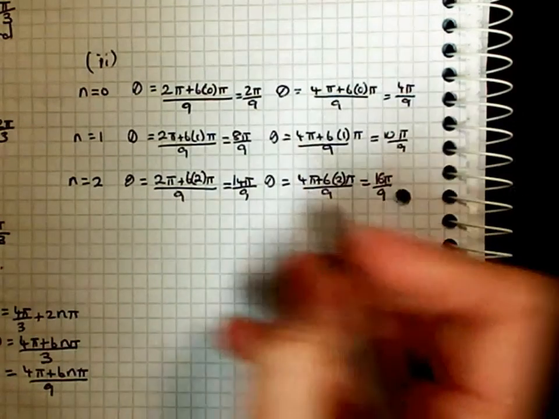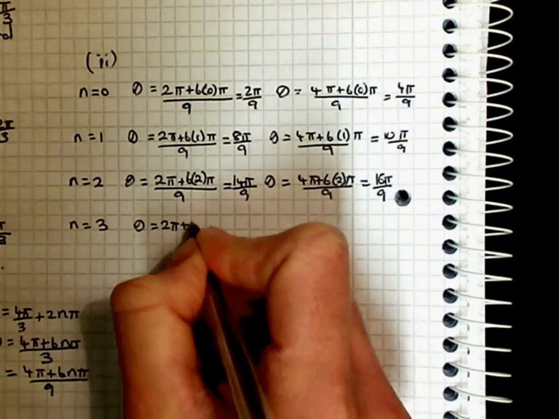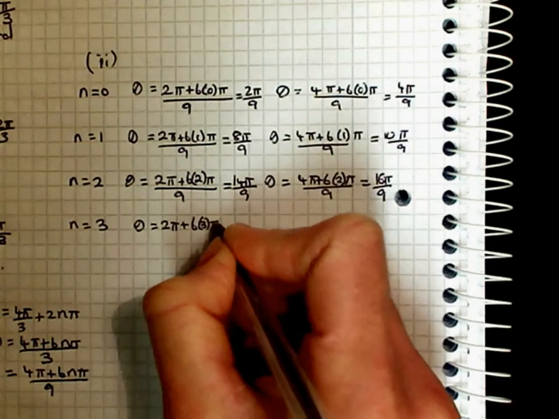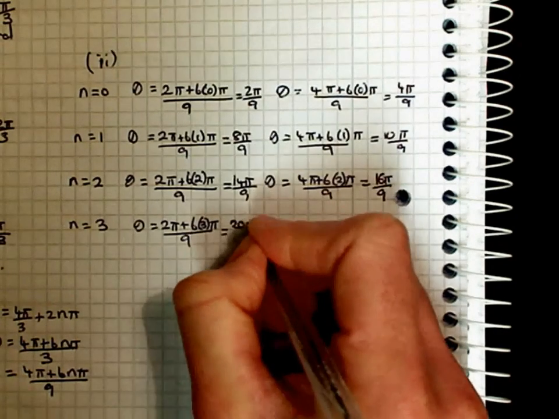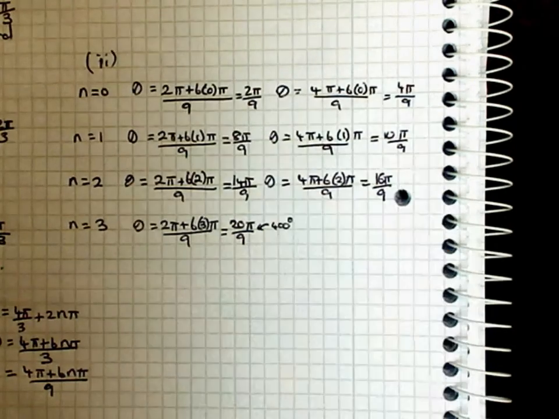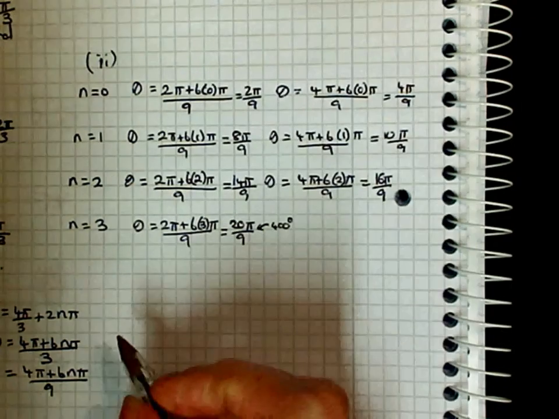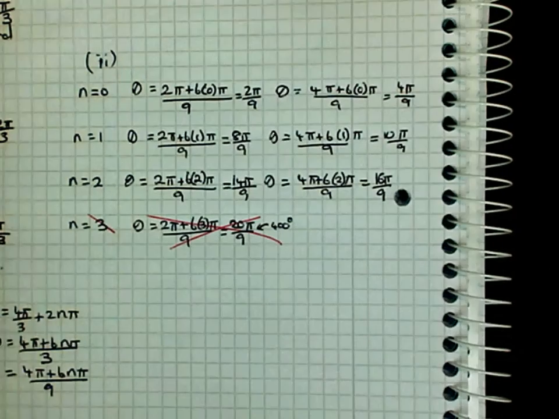Then n equal to 3, theta is equal to 2 pi plus 6 times 3 times pi divided by 9, which gives us 20 pi over 9, and when checked, this works out as 400 degrees. So this is outside of the range that we're looking for, so we don't use that value.